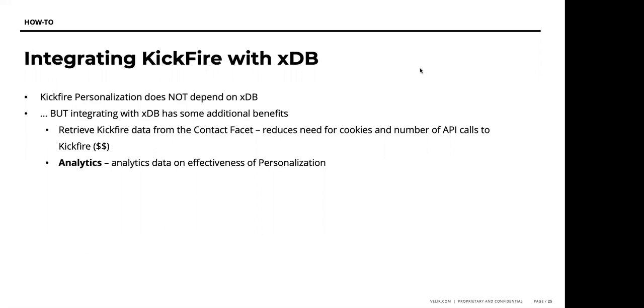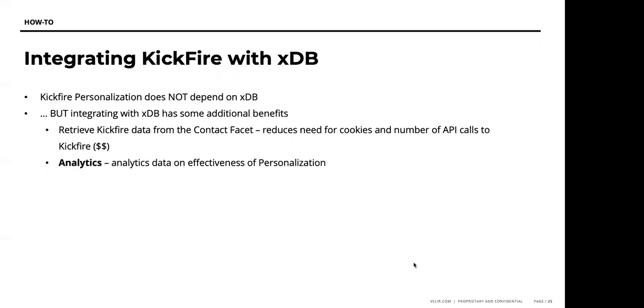But if you do have XDB enabled, integrating your third-party data with XDB can give you a lot of additional benefits. So first of all, as I mentioned, you can store your data in XDB rather than cookies, which completely avoids all GDPR concerns, but also potentially reduces the number of API calls that you have to make to Kickfire.